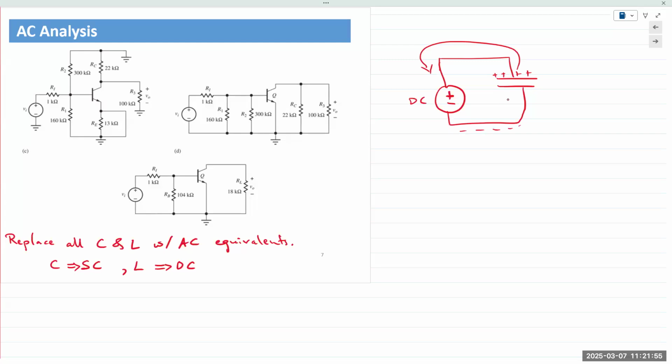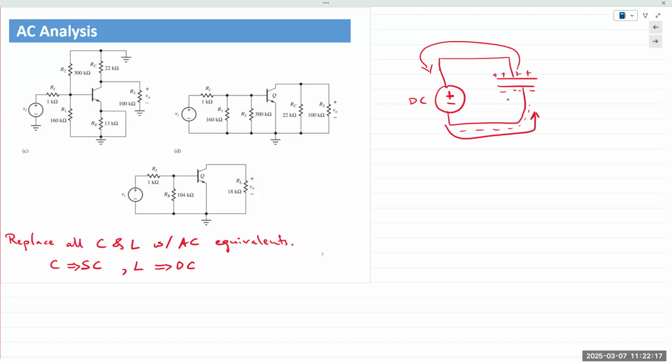Here, negative charges are repelled. So electrons flow in this direction, accumulating negative charge here. Charges accumulate, hence we get an electric field, hence we get a voltage across that capacitor. They are not actually going through, even though we say that current is flowing through the capacitor, it's not actually flowing through a capacitor, it's just flowing through a circuit.